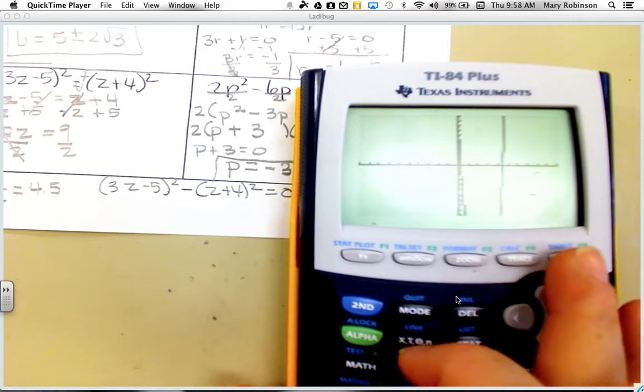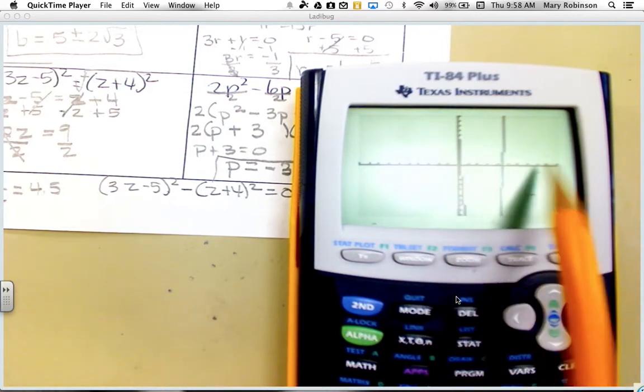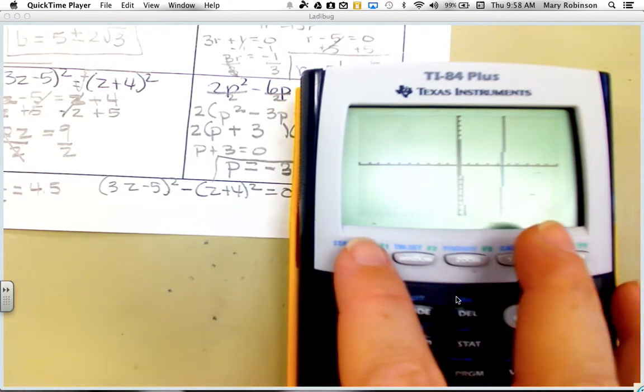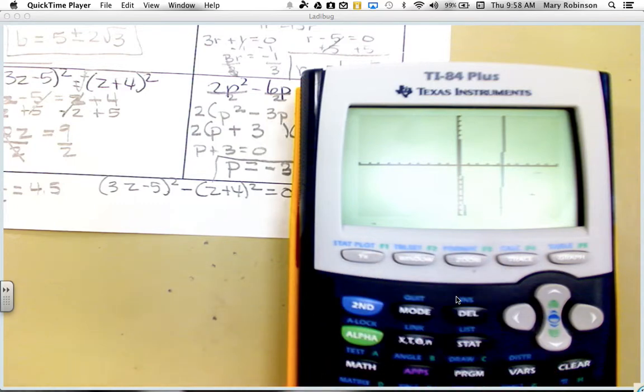All right, so did it cross at 4.5? All right, guys, why are y'all having trouble typing it in? What's going on? Did you hit Zoom 6? If you hit Zoom 6, it'll change your viewing window to a standard viewing window.